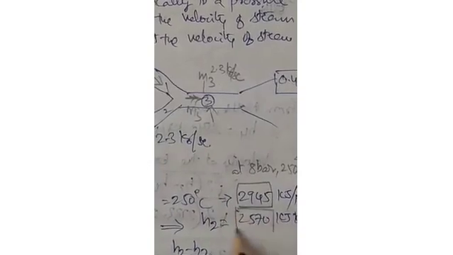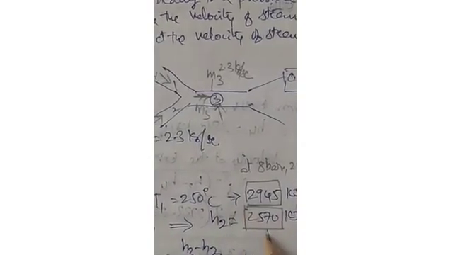So this is the condition at which the stream is entering through the second pipe. At this point you can see the enthalpy horizontally, something like 2570.